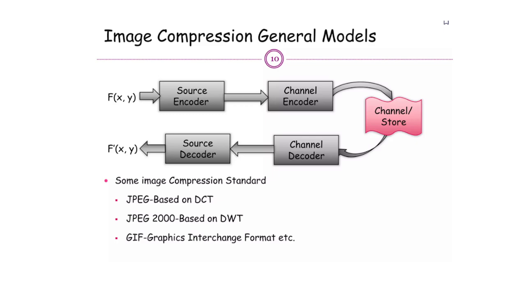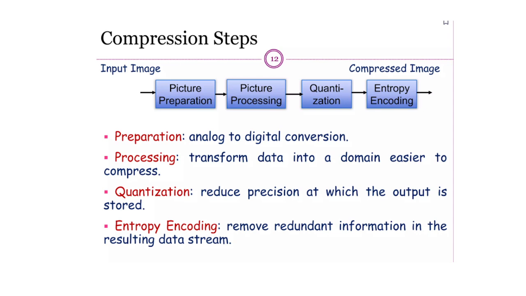We already discussed this: the image passes through a source encoder, the transmitter and a channel encoder, then through the channel and storage, and then the channel decoder and the source decoder. So what are the fundamental steps before doing image compression? The first is data or image preparation, that is, analog to digital conversion.